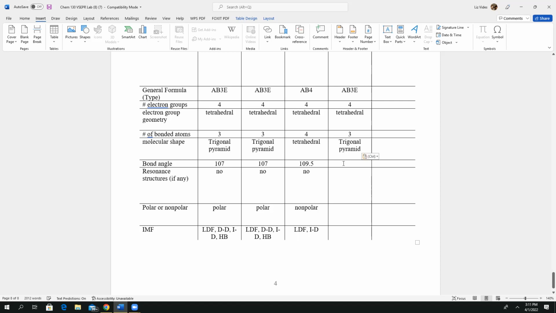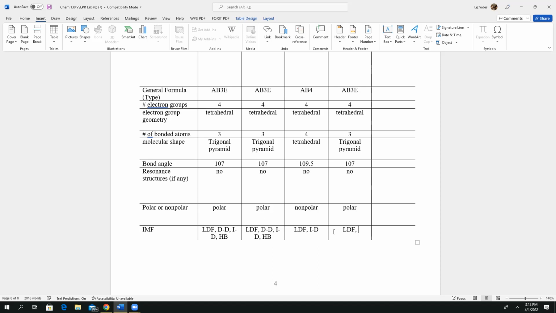And the bond angle is 107. No, SO3 negative does not have resonance structures. It is definitely polar because we have one lone pair on the sulfur.